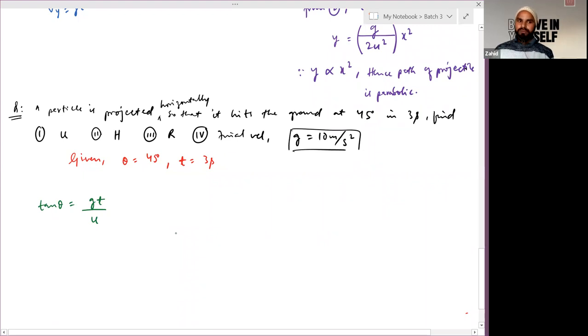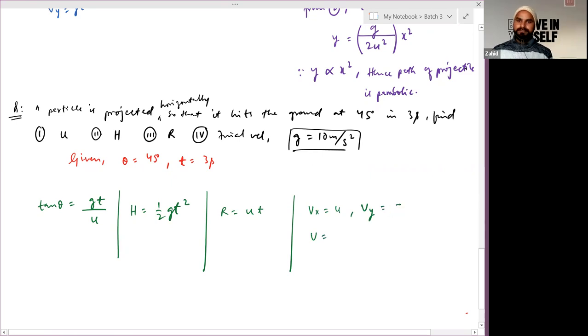You will get the initial velocity of projection from this equation. Similarly, to find height, just use half g t squared. To get range, use u into t. To get final velocity, first find Vx, then Vy, and put them in this expression. Try to solve, everyone.